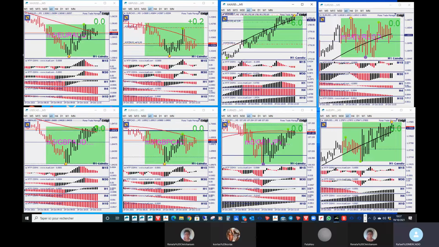And we are struggling in gold, euro dollar, and euro cat. On euro dollar, I took some pips. I think euro cat also, and Costa also. And now we are back in euro cat, so we are now in that trade.